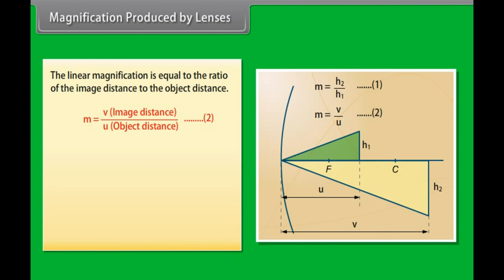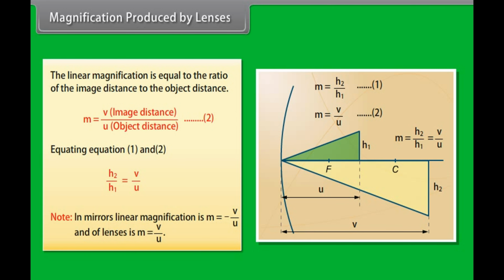M is equal to v, image distance, upon u, object distance, which is equation 2. Equating equation 1 and 2, h2 upon h1 is equal to v upon u. Note, in mirrors linear magnification is M is equal to minus v upon u, and for lenses it is M is equal to v upon u.